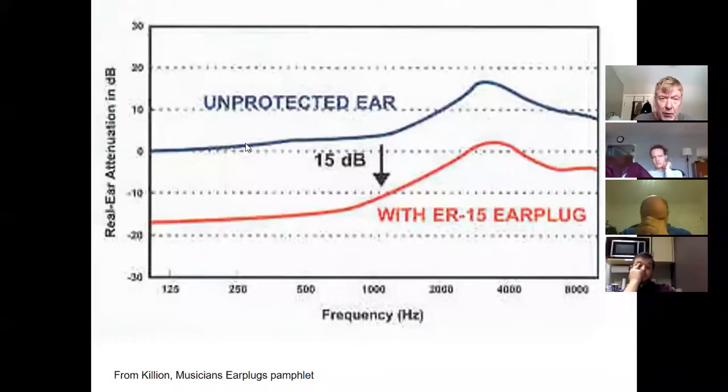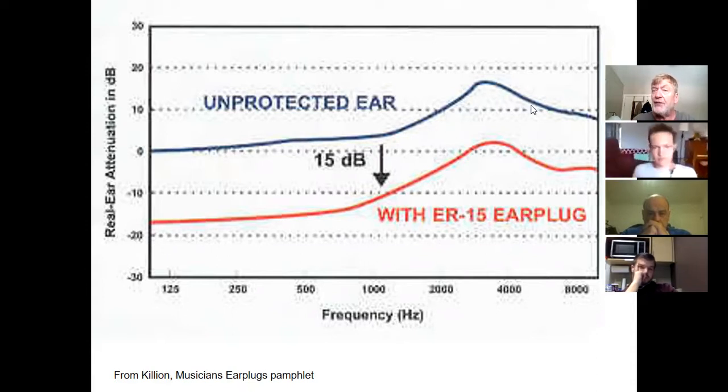Well, that's true. So if you look at it in a graph, look at this blue curve. The outer ear and ear canal resonate with these high frequencies, with sound waves that are about 10 centimeters long, or 0.1 meters long.